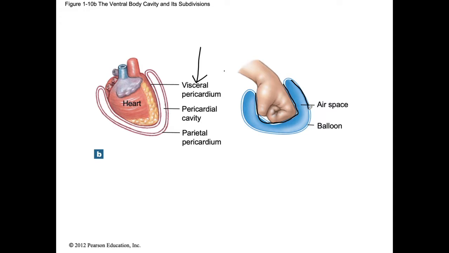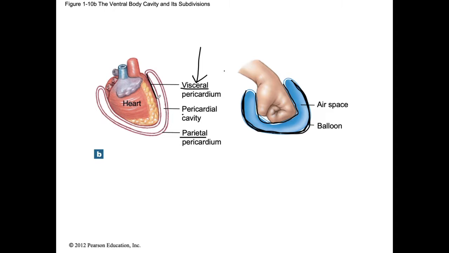Then the other part of the balloon is on the outer portion, which is going to line the cavity, right? Like if it's the lungs or the heart, it's going to be on the outer portion. That's called the parietal layer. So there's a visceral layer and a parietal layer.